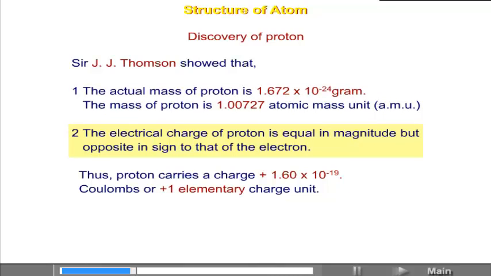Second one, the electrical charge of proton is equal in magnitude but opposite in sign to that of the electron. Thus, proton carries a charge plus 1.60 × 10^-19 coulombs, or plus 1 elementary charge unit.